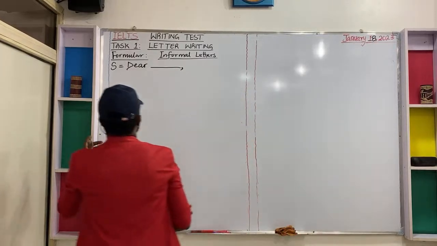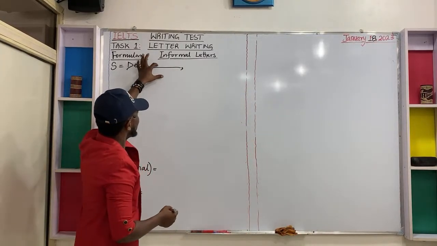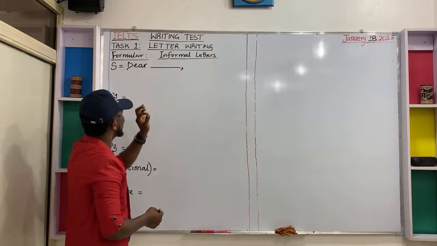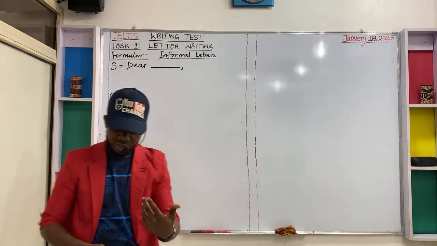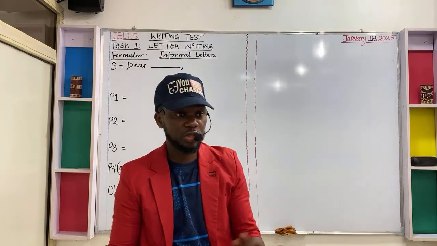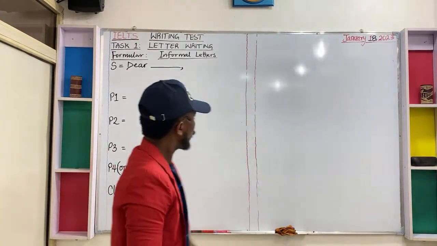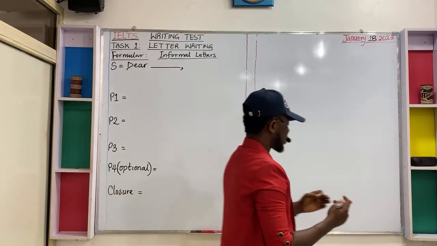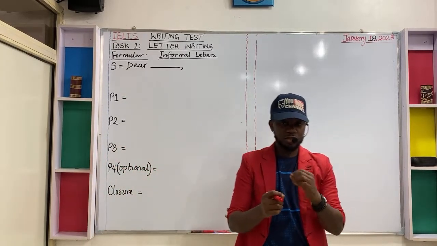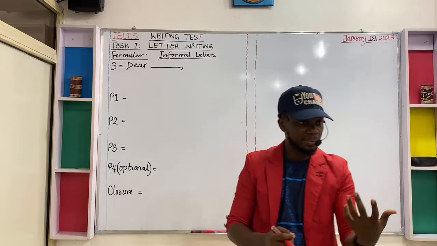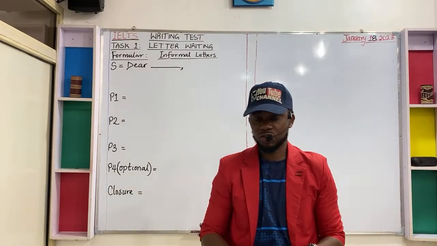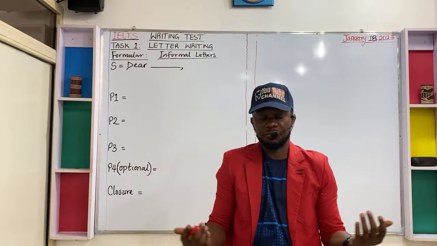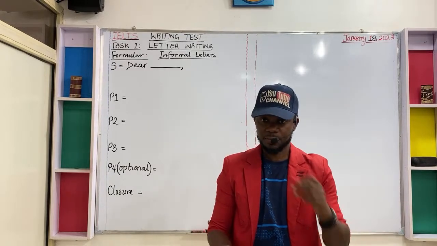Now, whatever expression you put in the salutation is largely dependent on your relationship with the person, how intimate you are with the person. An informal letter is the type of letter in IELTS where examiners expect you to express yourself as though you are having a normal rapport with the person. So you're meant to express yourself without bringing in official words, basically.